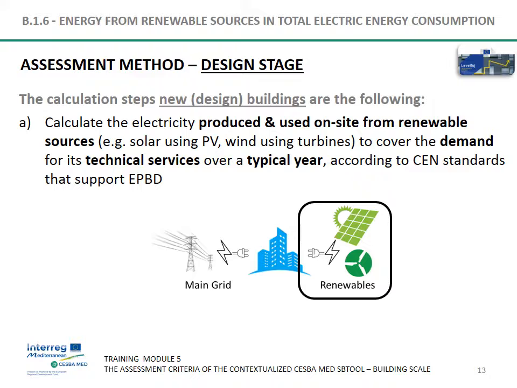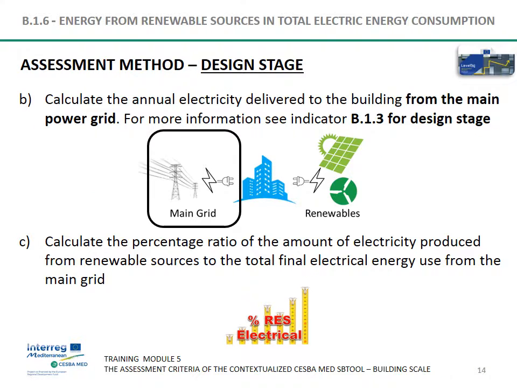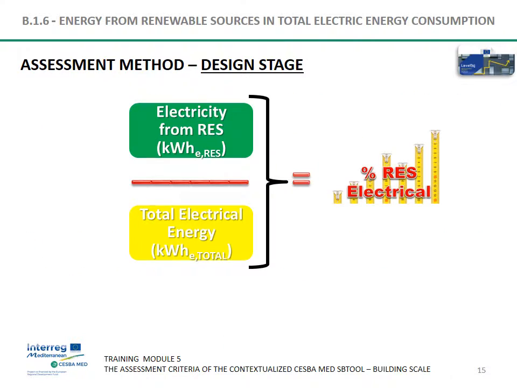We also know the total amount of energy used which will be used from the grid, from which we can compute the ratio. So basically, as already mentioned, the indicator is the ratio of the electricity from the renewable resources over the electricity from the main grid.